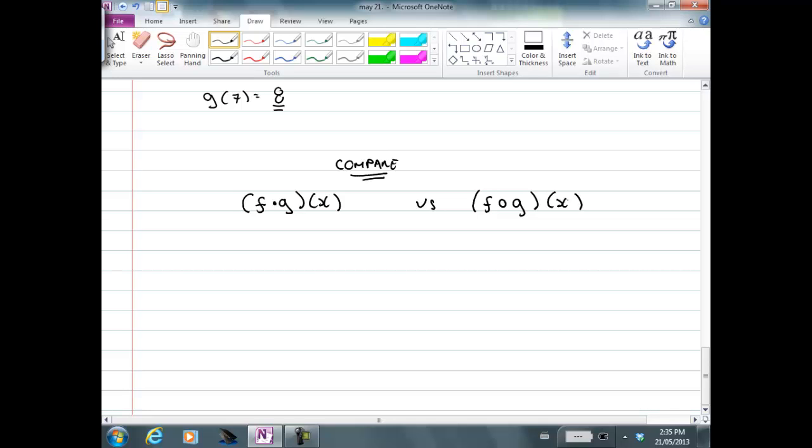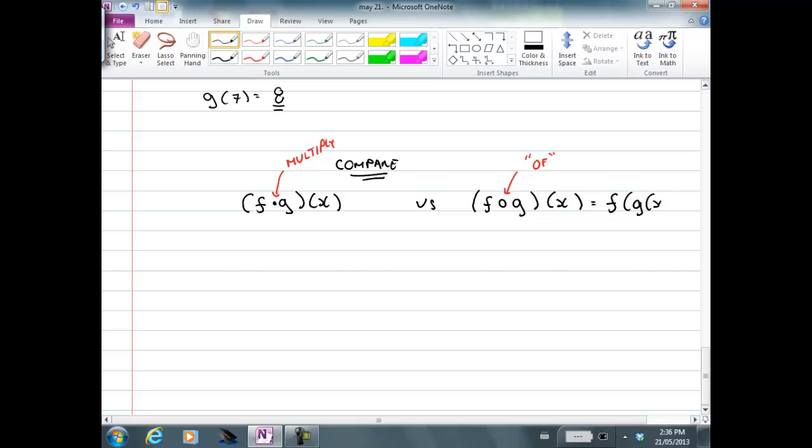I need you to write a few things down. If you have a closed dot, this means multiply. If you have an open dot or open circle, this is an 'of'. So instead of writing f o g of x or f of g of x, I can rewrite this as f g.